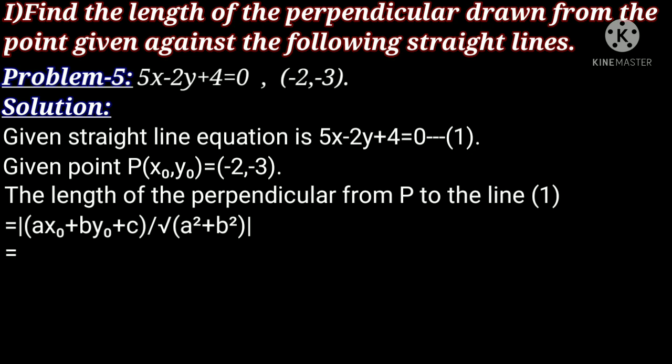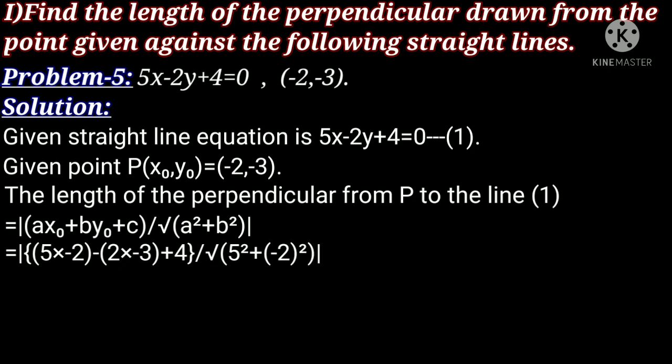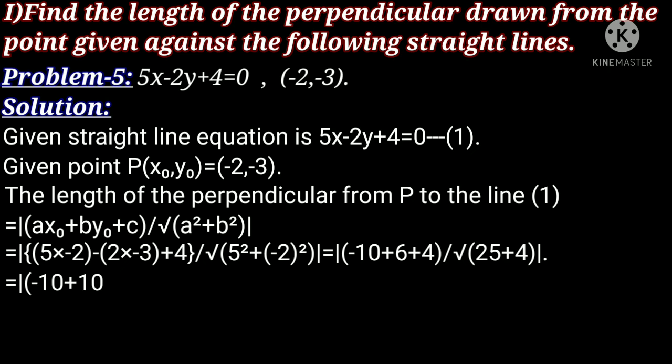Then that is equal to mod of 5 into minus 2 plus minus 2 into minus 3 plus 4, by square root of 5 square plus minus 2 whole square. That is equal to mod of minus 10 plus 6 plus 4 by square root of 25 plus 4. Then that is equal to mod of minus 10 plus 10 by square root of 29.